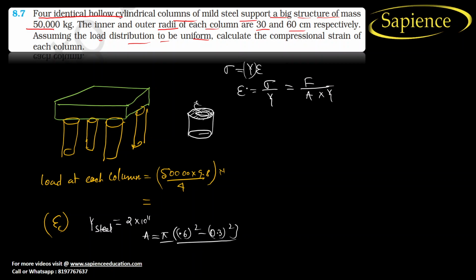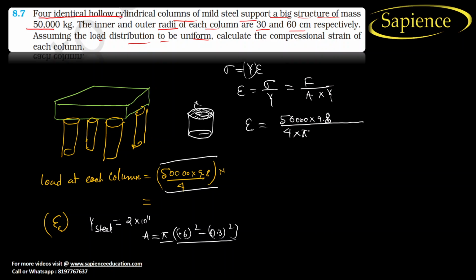So when we put all the values, we will get the strain. So strain is equal to force. Force, or load in each column, is 50,000 into 9.8 divided by 4, into the area of the column.